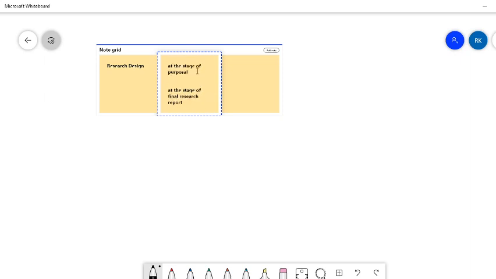These are two stages, and in these two stages we need to understand research design.